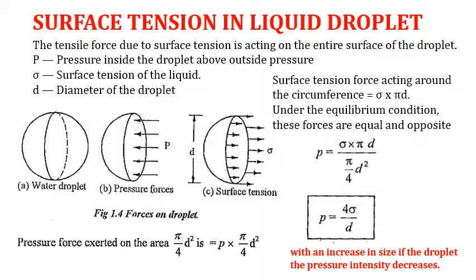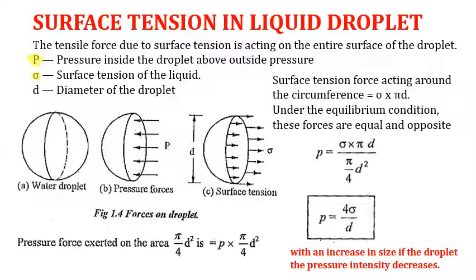So let's calculate the internal pressure developed due to the surface tension. This pressure P is developed inside the liquid droplet, which is in excess of the outside pressure. So the total internal pressure is the pressure because of the surface tension plus the outside pressure.